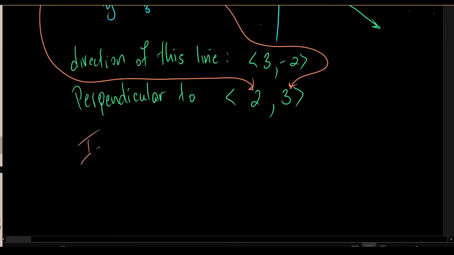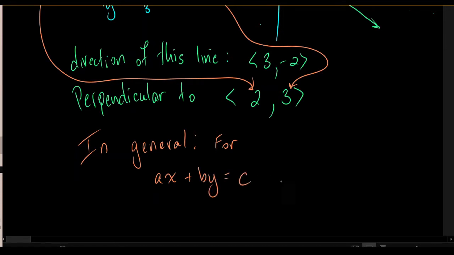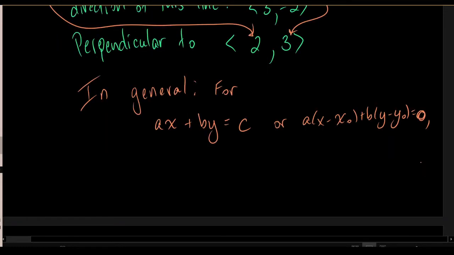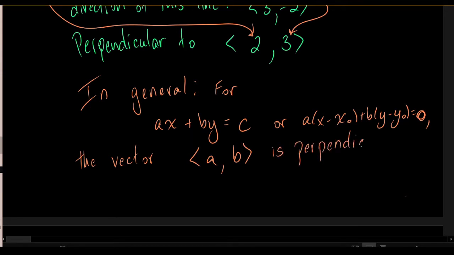So in general, what are we observing? For an equation where the coefficient of x is given by the letter a, and the coefficient of y is given by the letter b, the vector whose x component is the x coefficient and whose y component is the y coefficient is perpendicular to the line.